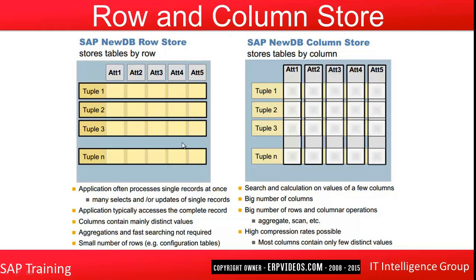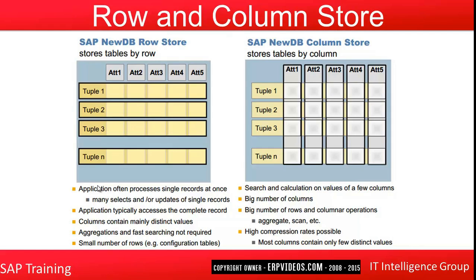This is mainly for OLTP based applications, and applications often process single records at once, things like master data and configuration tables. For these kinds of tables, it is recommended to use row store. Wherever aggregation and fast searching is required, you can go for column store tables.